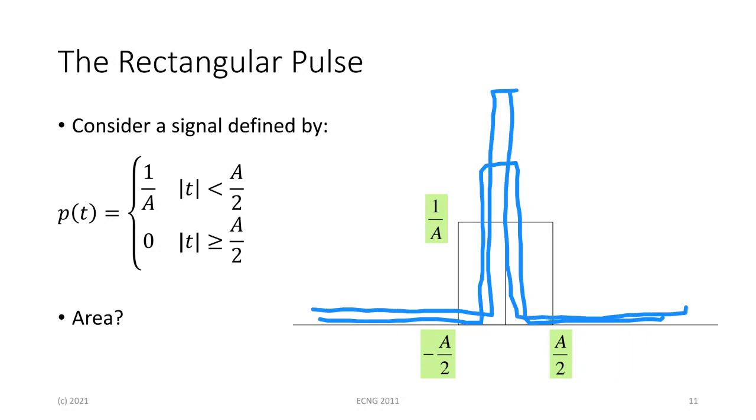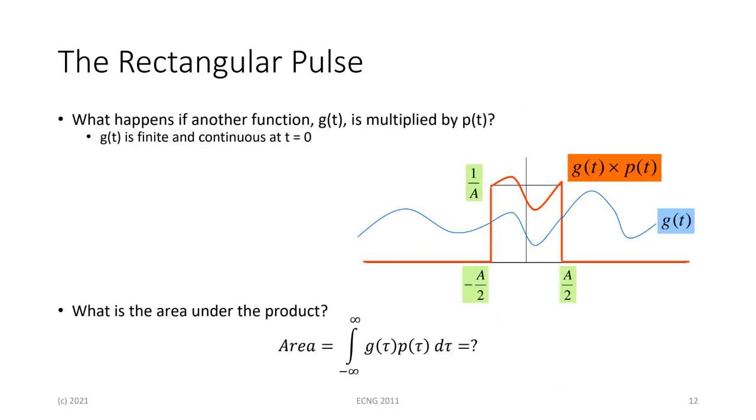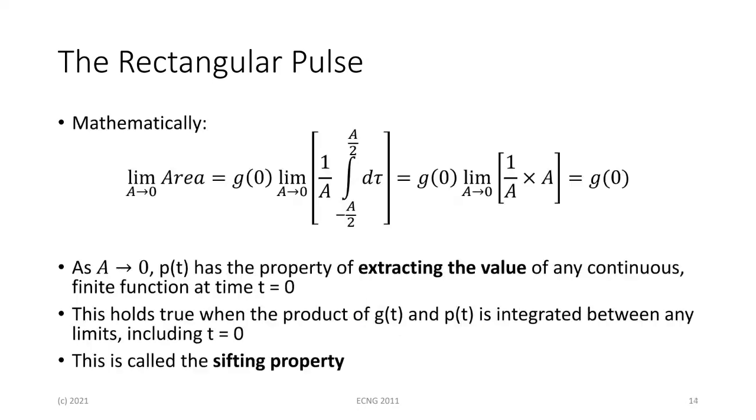Remember, the area has to be 1. So if the pulse gets narrower, the height is going to go up so that the area under the pulse remains 1. That's our definition, that the area of the pulse is also 1.